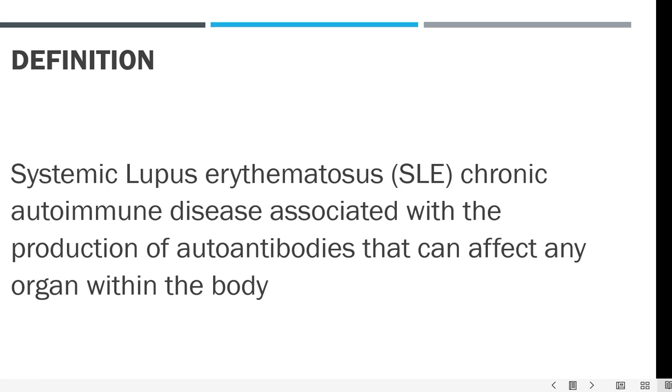The organs most affected are our kidneys, our heart, our lungs, and our brain. And there's different cycles of SLE. So there can be active disease, remission, relapse, and progression.